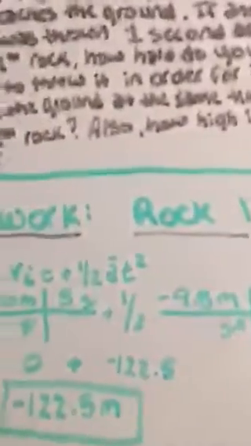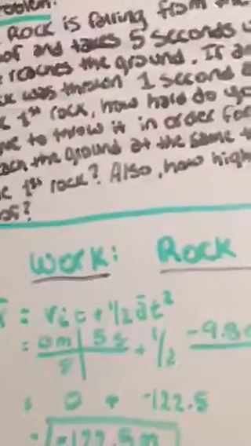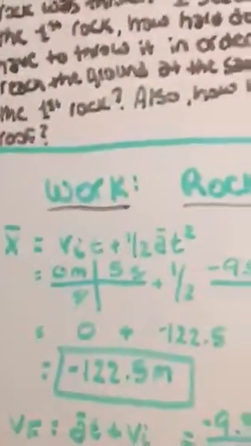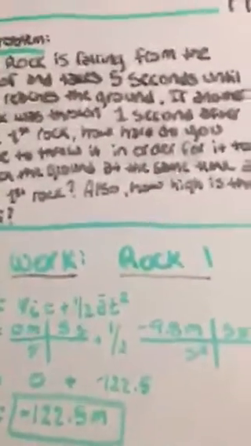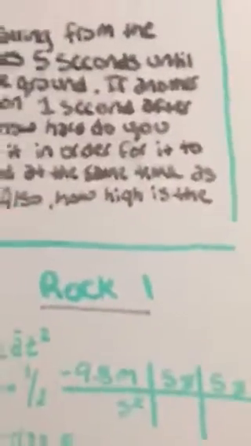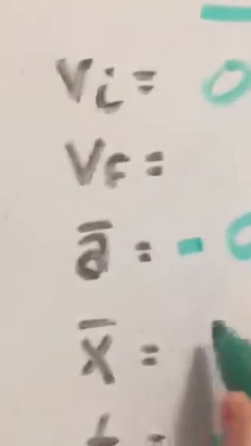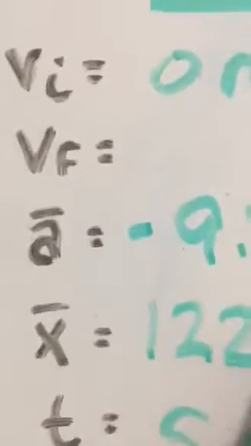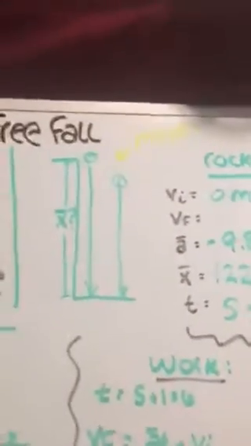So obviously, if we're answering the question, how high is the roof, obviously it wouldn't be a negative, so it would just be changed to a positive. So we can write that in for something we now know, which is the displacement being 122.5 meters.